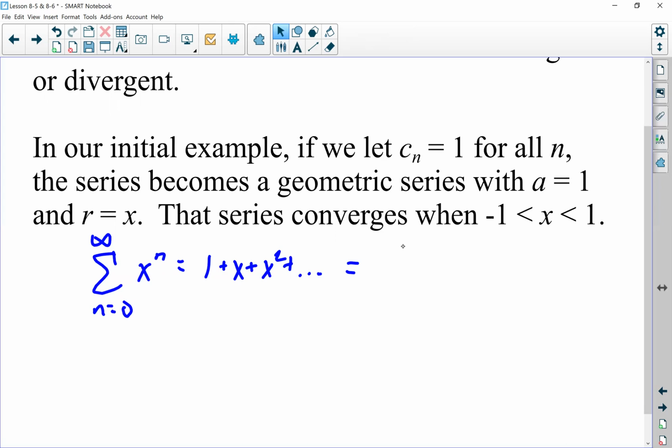It's a over 1 minus r. So anytime you see a geometric series, and you're asked to represent that as a function, it's just going to be a over 1 minus r.